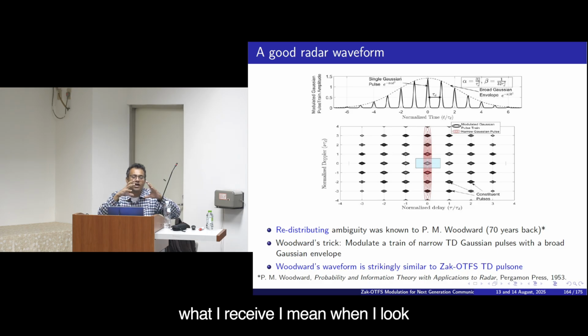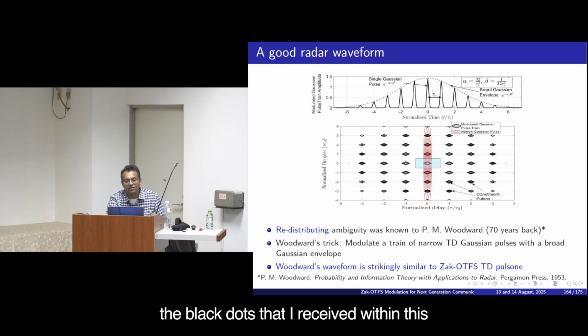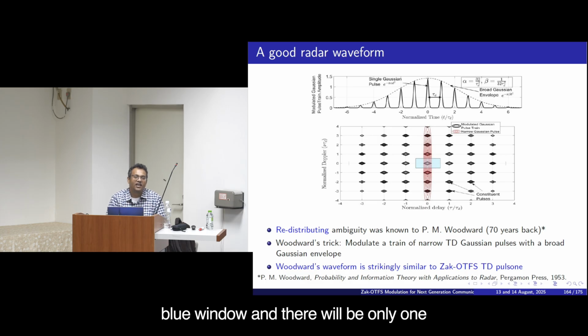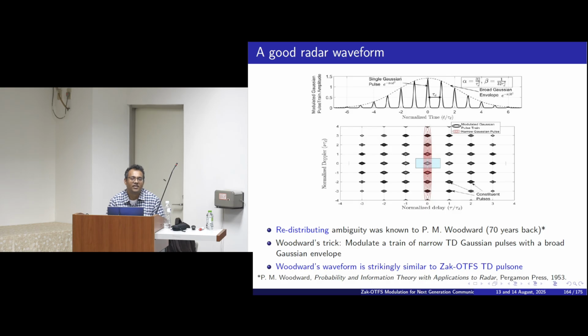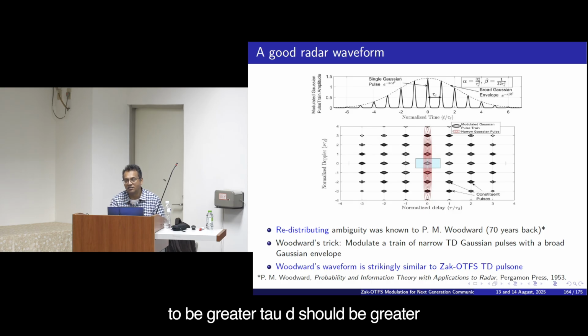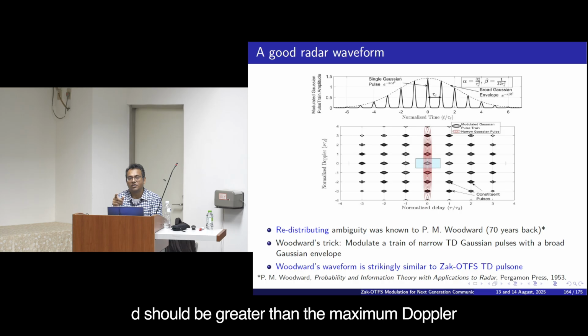When I look at the cross ambiguity, I will only see the black dots that I receive within this blue window, and there will be only one dot if there is one target, because each of these black dots will have their own blue boxes, but they will not overlap. So, if I choose my tau d appropriately, tau d should be greater than the maximum delay spread, and 1 over tau d should be greater than the maximum Doppler spread.